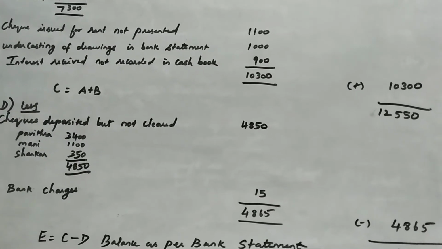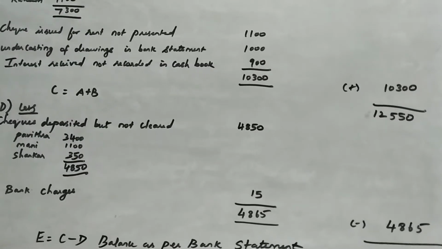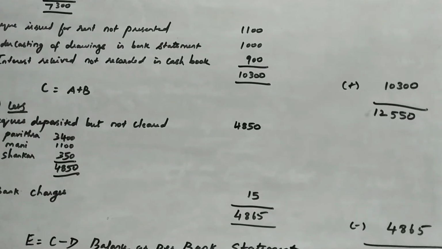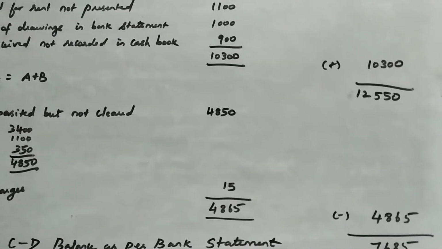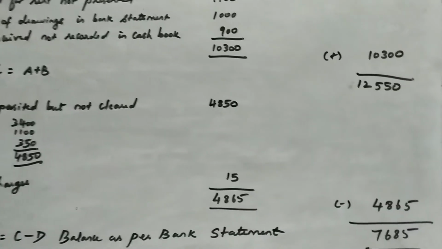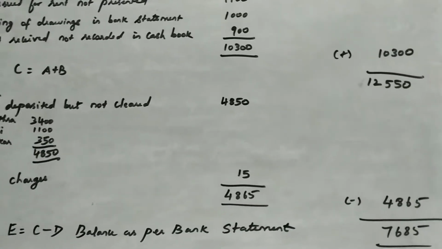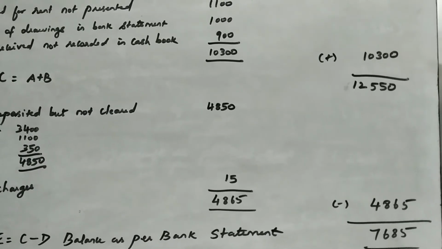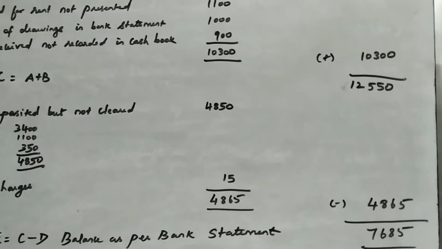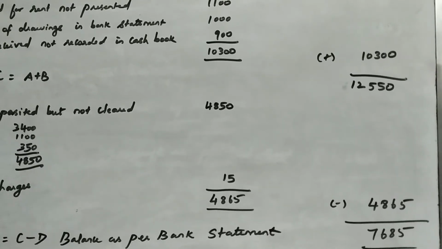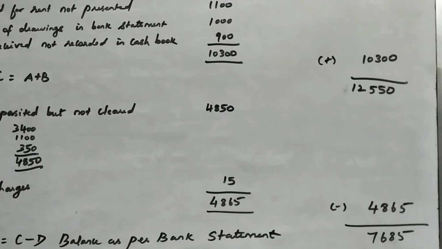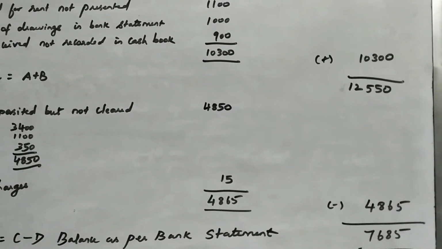Then interest received not recorded in cash book, the last one. Interest has been received, 900, the last item on the credit column of your bank statement. On 30th of March, interest received of 900 has been directly credited to our account.